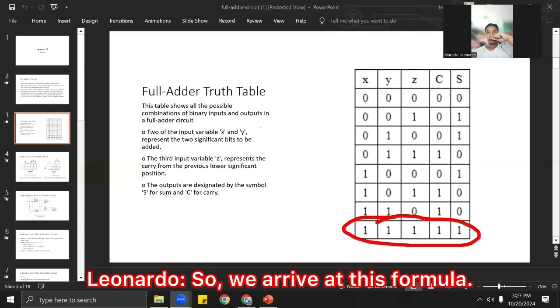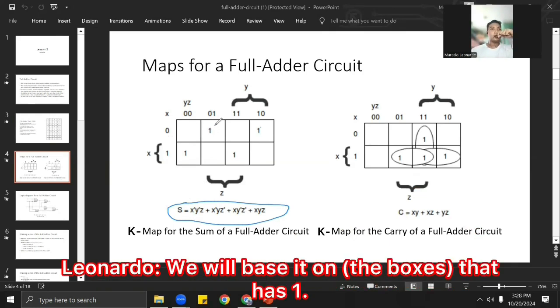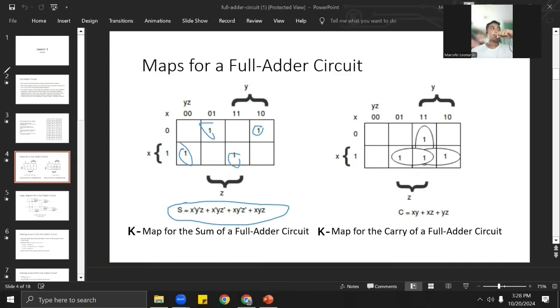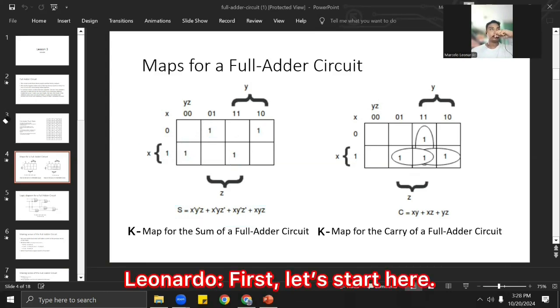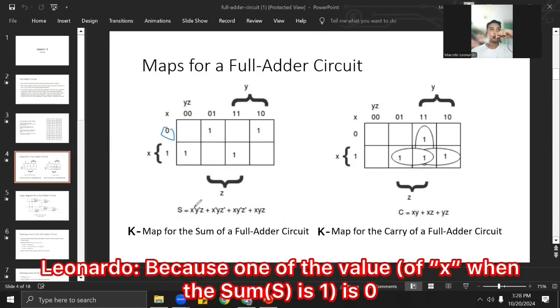So, we derive with this formula. Paano siya kunin? Nag-base din tayo dito sa mga may 1. First, we start with ito, x not, y not. Bakit not? Kasi 0 yung value nila.